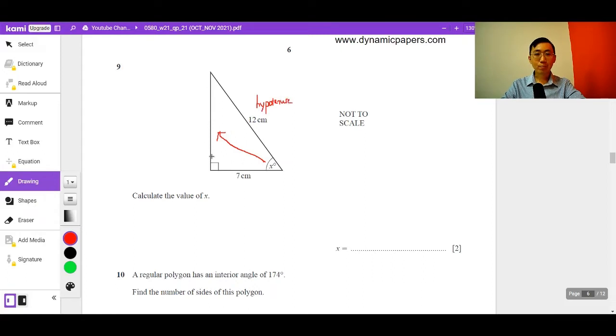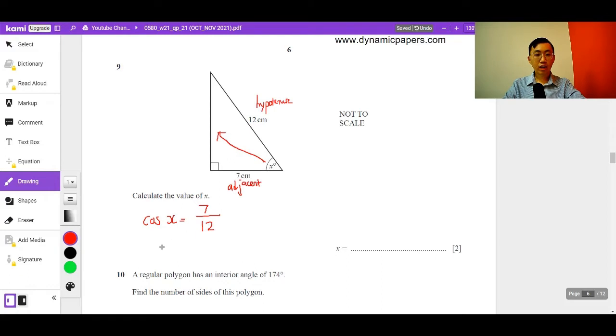If here is opposite, then the 7 centimeter over here is adjacent, right? So we have to use cosine. Cosine. So let us start. Cos x equals, now your side of your adjacent 7 centimeter, 7 over the hypotenuse, that will be 12.